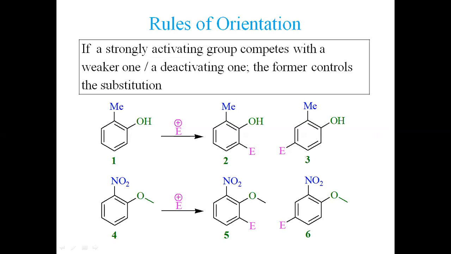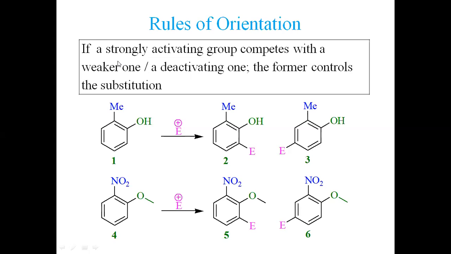One of them controls. Which controls? The one which is more activating. If a strongly activating group competes with a weak one or a deactivating one.